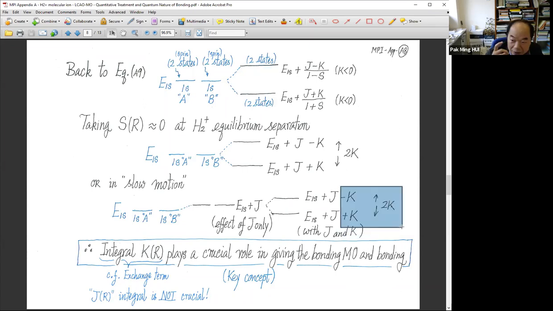It's K that matters. J, although it exists in a very complicated form and you need to do the integral, is not the one that is responsible or crucial for giving us bonding in nature. And at this point, I really want everyone here to appreciate that quantum mechanics really is the theory for the existence of matter.